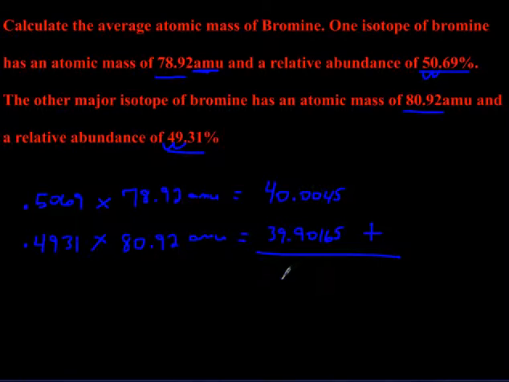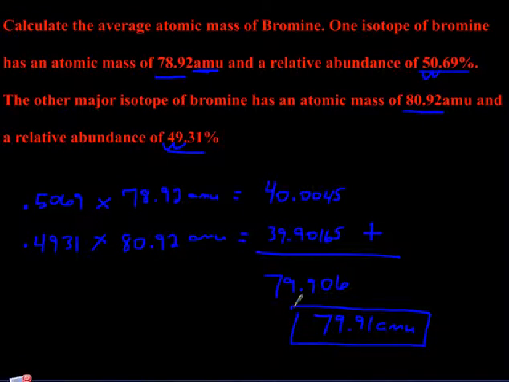So I'm going to add these up in the calculator. I get 79.906. So all of the atomic mass values in this problem have four significant figures. So I'm going to go ahead and round my answer to four significant figures. 79.91 AMU.